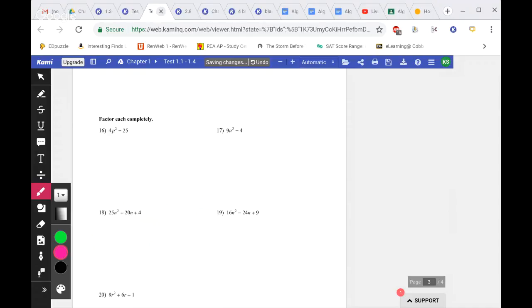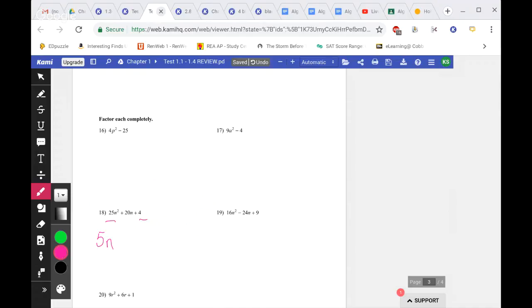So on these, I can tell this is one of the special factoring patterns because the first term is a perfect square. Okay. And the last term is a perfect square. Right. And what is the perfect square root of 25n squared? Is it 5n? Yeah.